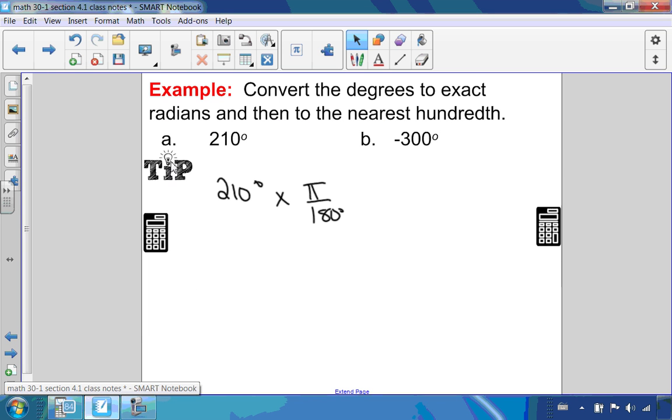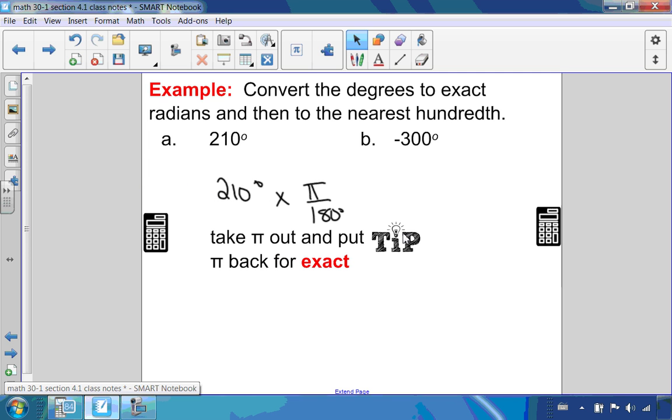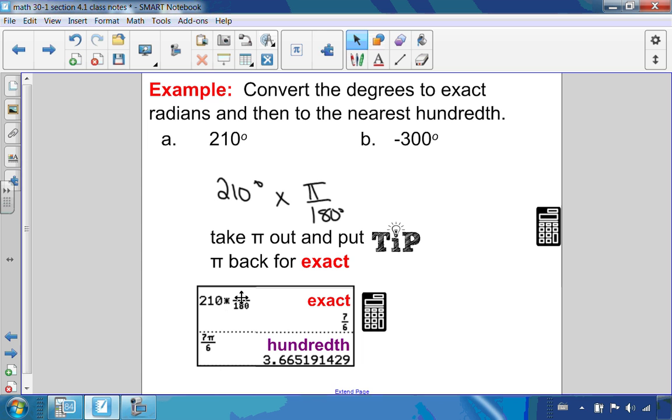So we've got to come up with a better way of doing this. My tip to you when you're converting degrees to radians is to take pi out and put pi back. So on my calculator, instead of 210 times pi over 180, I will do 210 times 1 over 180 to get my fraction in lowest terms. If I take pi out, in the final answer I put pi back.